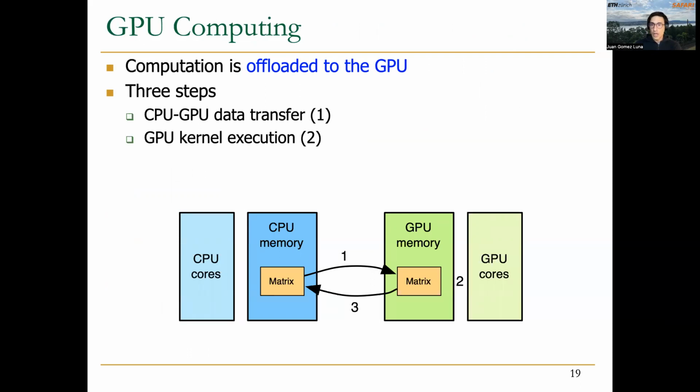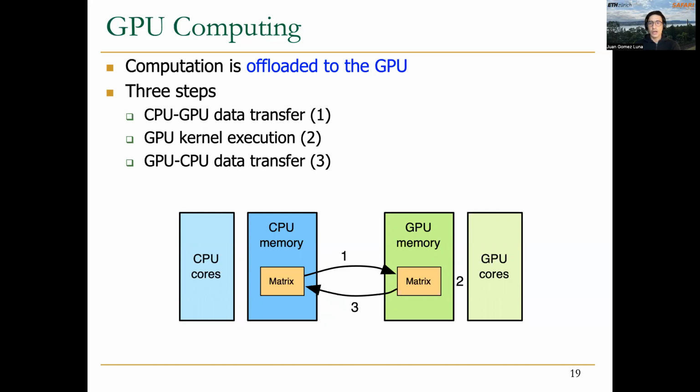Then we need to launch the execution of a kernel, or the function that is going to run on the GPU. And after this kernel completes, the CPU can fetch the results and move them from the GPU memory to the CPU memory.